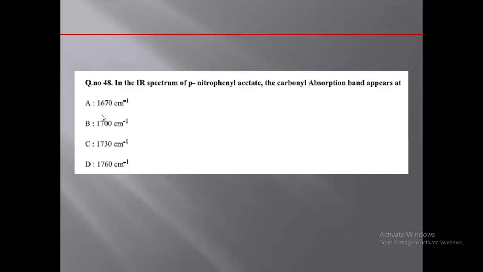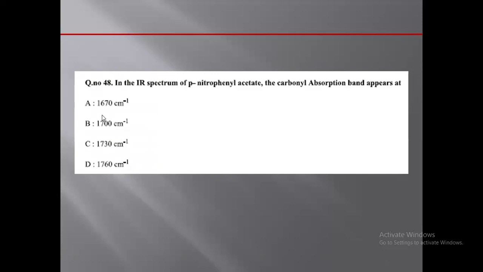Here I would like to suggest you keep in mind the IR values of aldehydes, ketones, acids, esters and amides. In the structure, para-nitrophenyl acetate looks like an ester, but the phenyl ring has a nitro group at the para position. That nitro group is an electron withdrawing group, so it decreases the carbonyl carbon electron density.